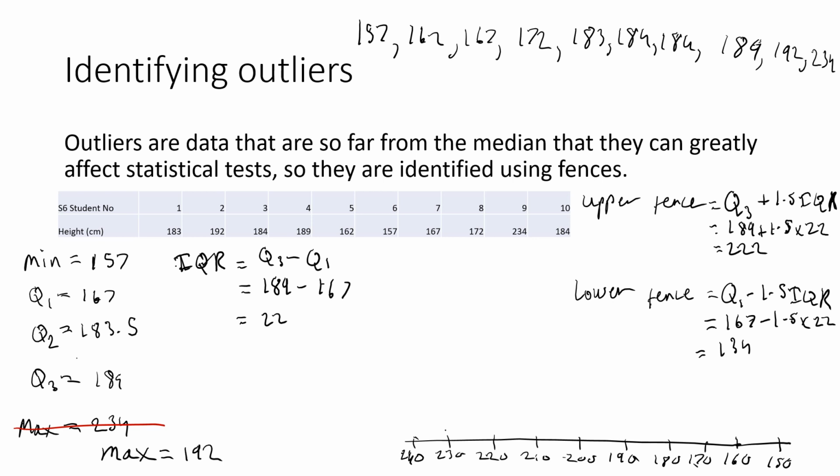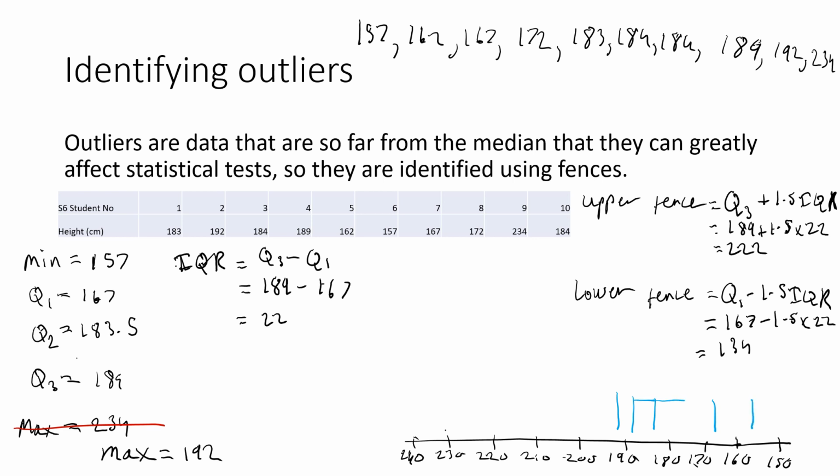That's our new maximum. Now we draw the box plot as normal. So a line for 192. Actually, I'll do this in blue. 192, 189, 183.5, 167, and the minimum is 157.